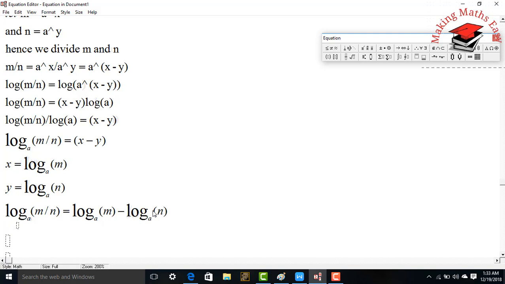So okay, we have proved the law of quotient.